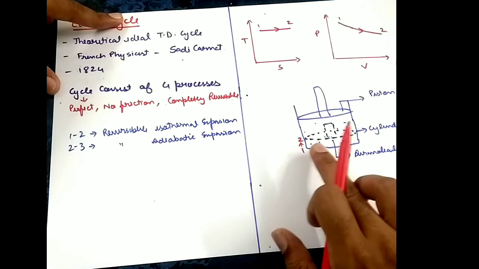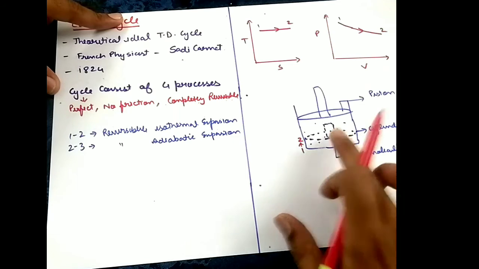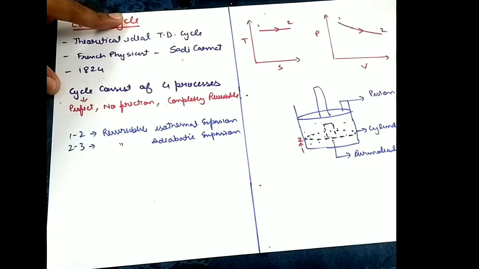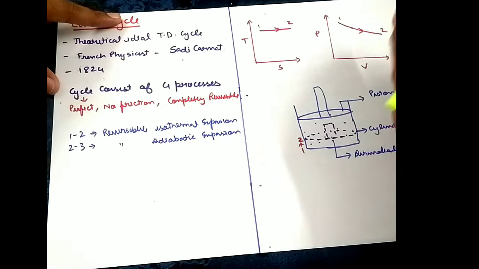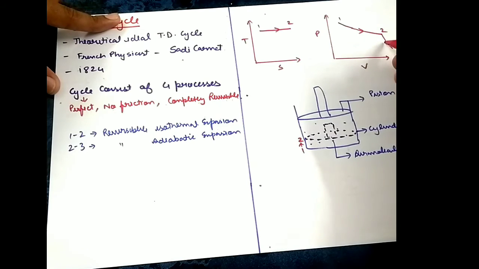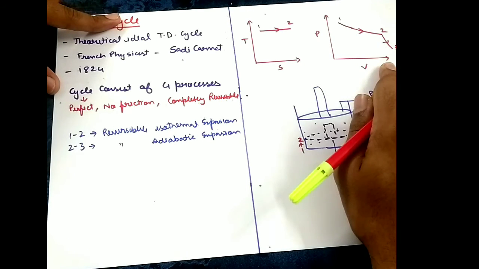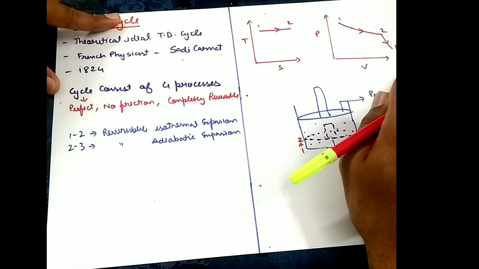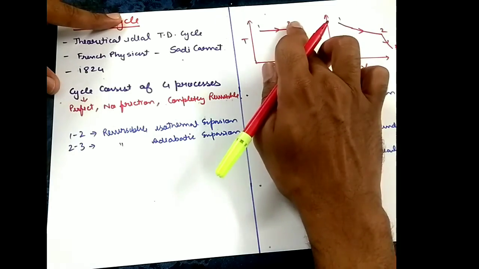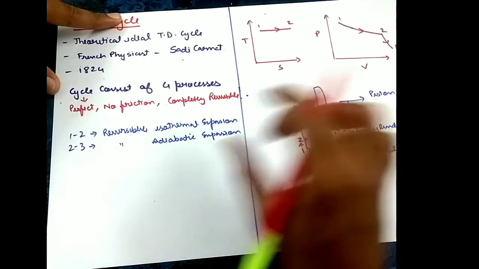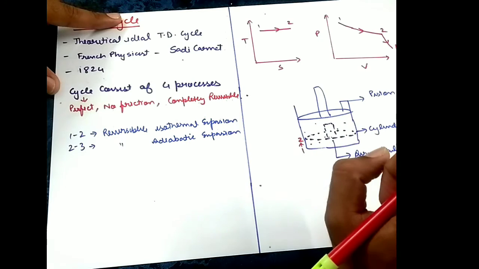What is a reversible adiabatic expansion process? Now the piston is here, and we move this piston up again. What is happening here? There is an increase in volume again. But what is adiabatic? Adiabatic means that there is no heat transfer taking place.